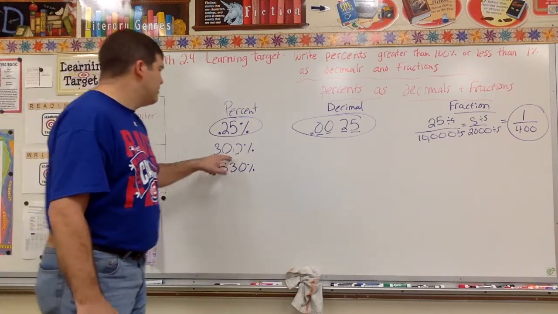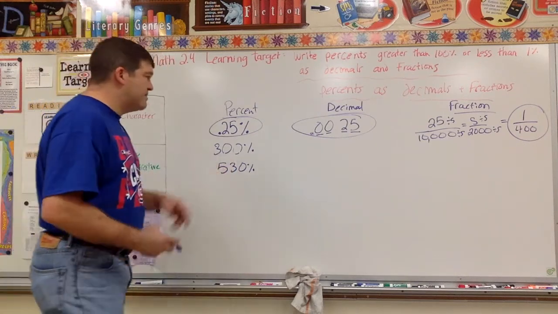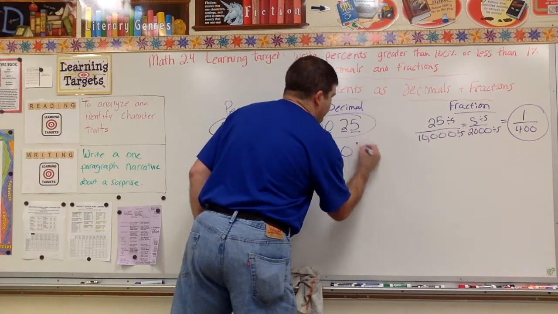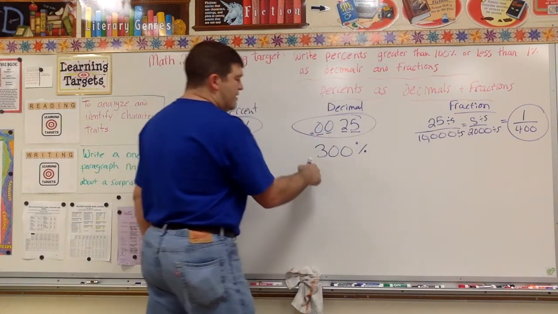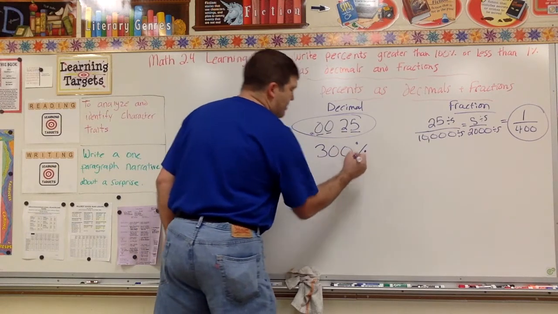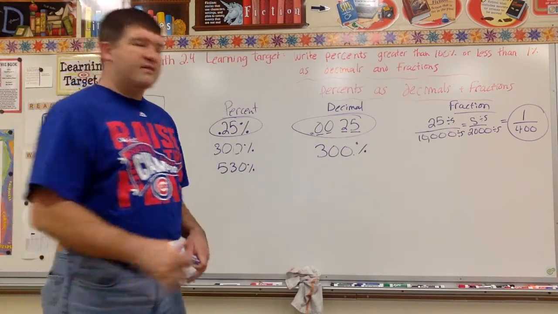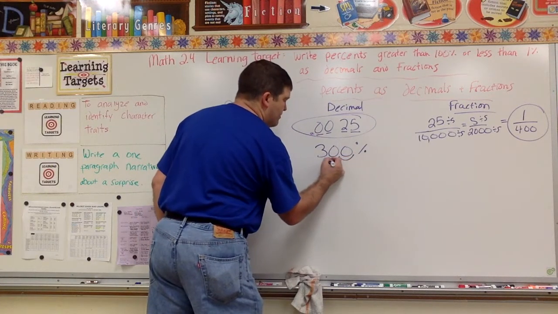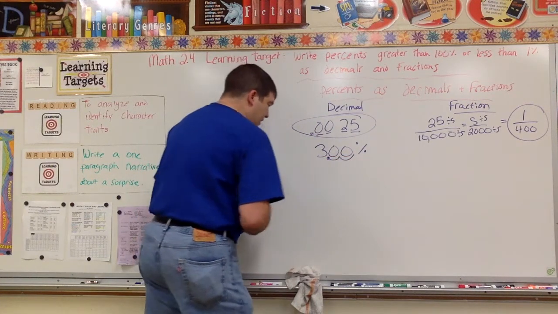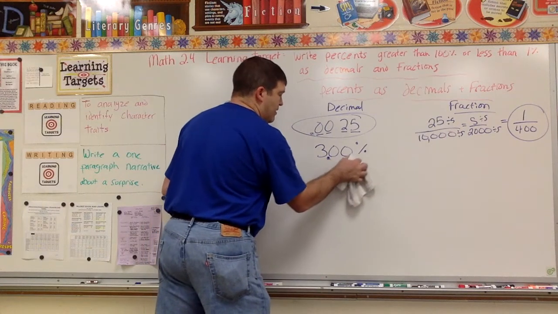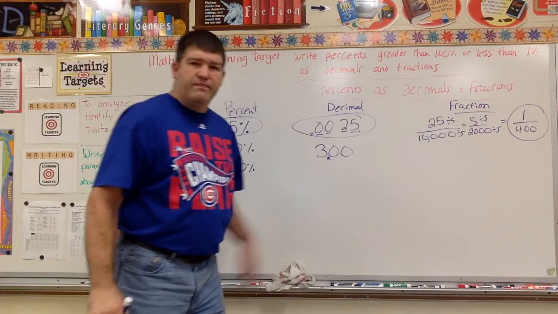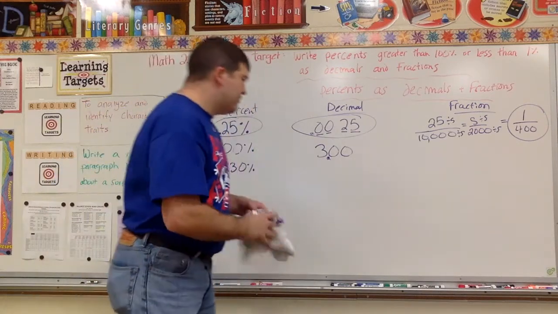All right, let's do it with something that's greater. I have 300%. Let's take it to a decimal. 300%. This one, the decimal is right here at the end. When you have a whole number, the decimal is farthest to the right. So now I want to take it 2 over. 1, 2. And I have 3.00. Do I need those zeros?